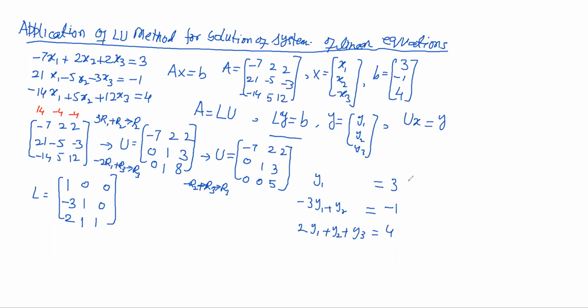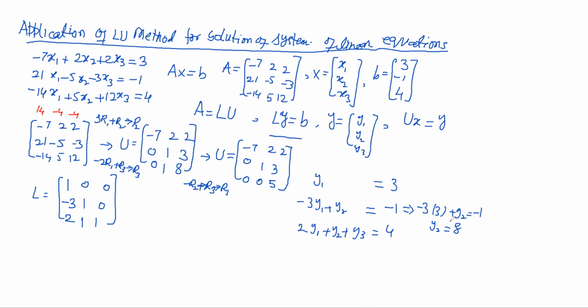This system is easy to solve. y1 we already know is 3. If we put the value of y1 in here, in the forward substitution, so -3 into 3 plus y2 is equal to -1. From here we get y2 is equal to 9 minus 1, which is 8.